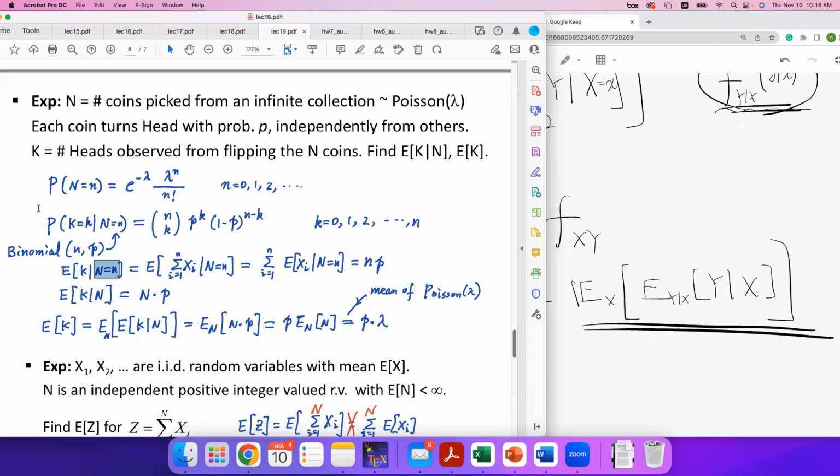Well, we already have this PMF, so it's basically the mean of this distribution. Given we have n coins, what is the expected number of heads? Right? So here, if you know this is a binomial distribution, you can directly conclude that the mean value is np.